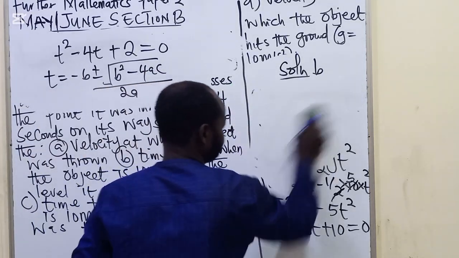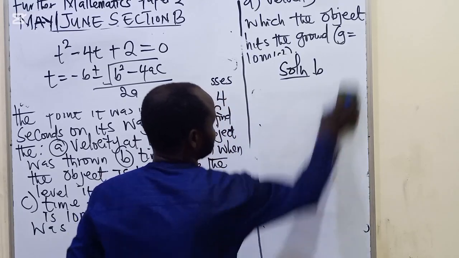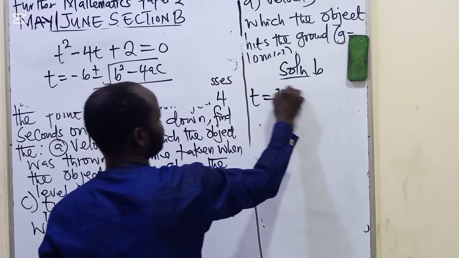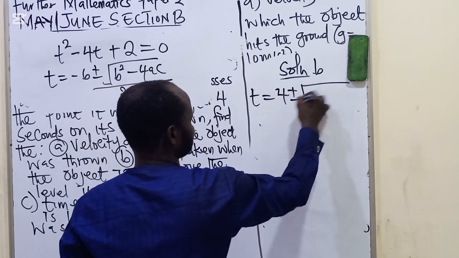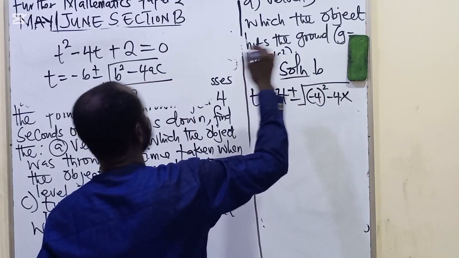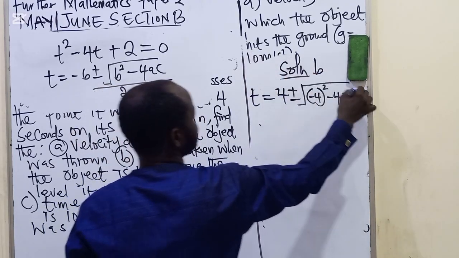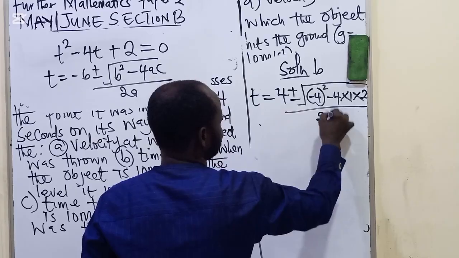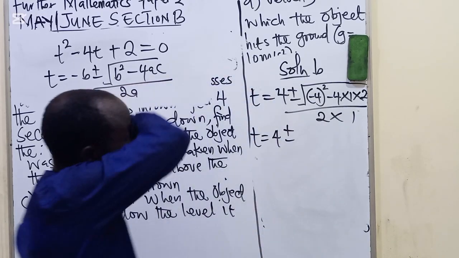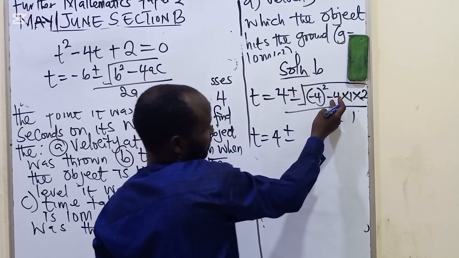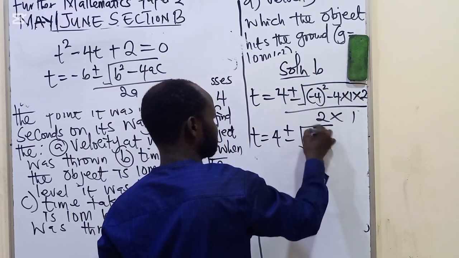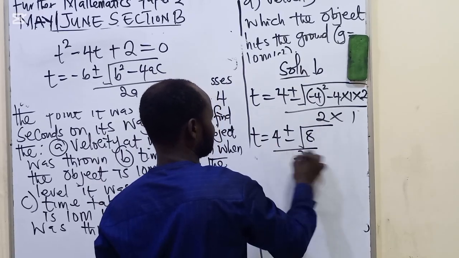Let's identify our b and substitute. t now will be equal to, b is minus 4, that will be 4 plus or minus the square root of minus 4 squared minus 4 times a, which is 1, times c, which is 2, divided by 2 times 1. t now will be 4 plus or minus, minus 4 squared is 16, minus 4 times 2, that's minus 8. 16 minus 8 will be root 8, divided by 2.